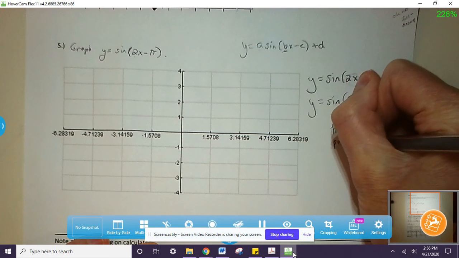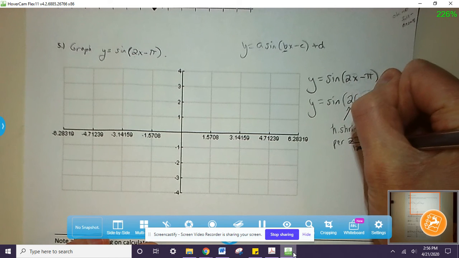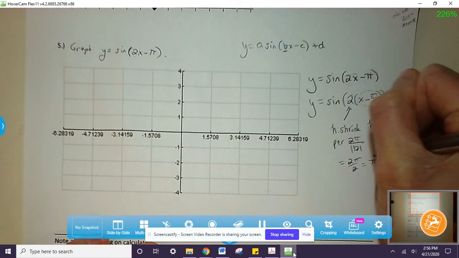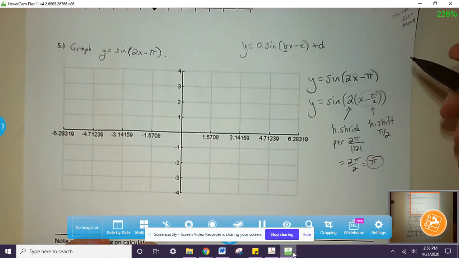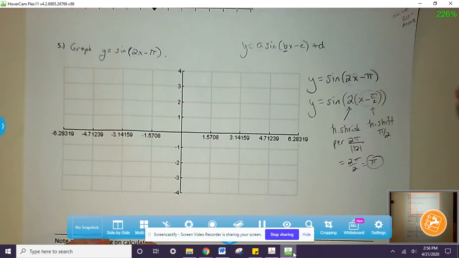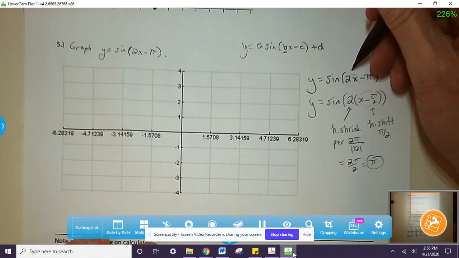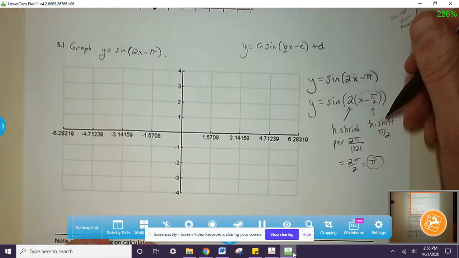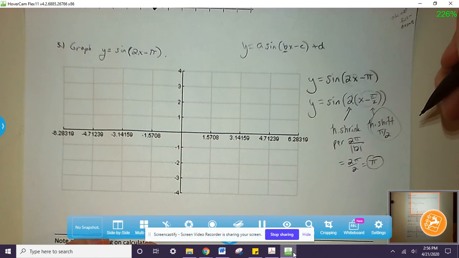So the period, by the way, because it's 2 pi over absolute value b, is going to be 2 pi over 2, or pi, as we would expect. No surprises there. But the surprise is if you combine a horizontal stretch or shrink and a horizontal shift, you actually have to factor before you can determine the amount of the horizontal shift.